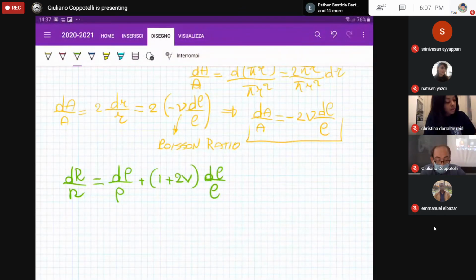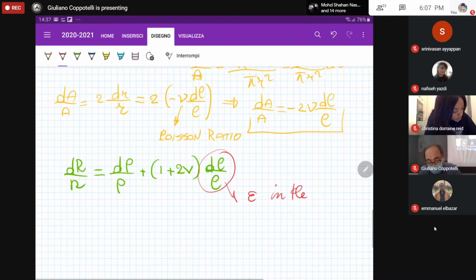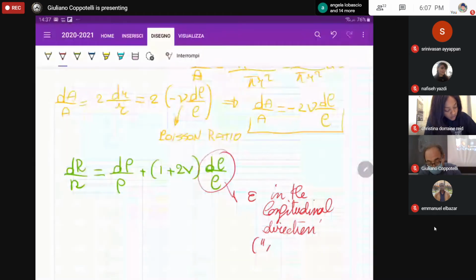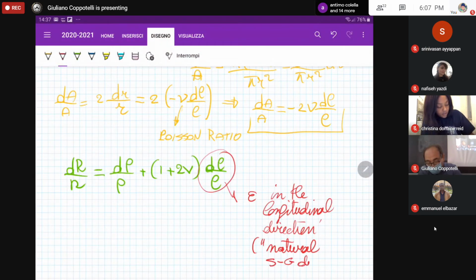So we can refer to this dL over L as your strain in the longitudinal, let me call it that, natural strain gauge direction.